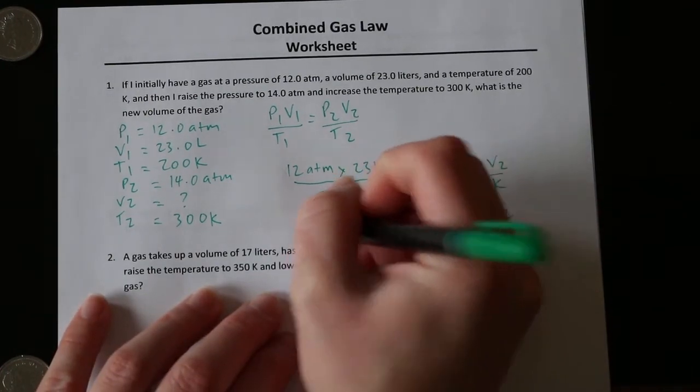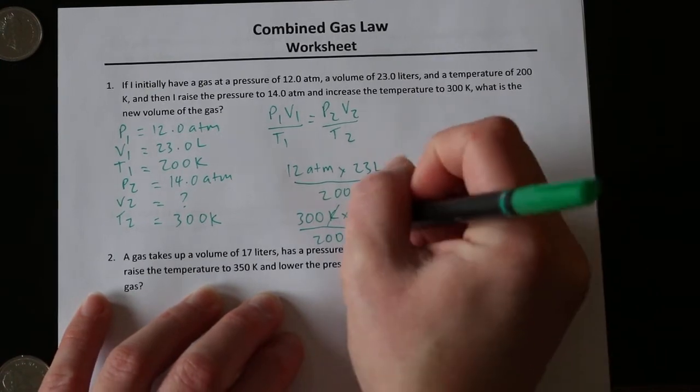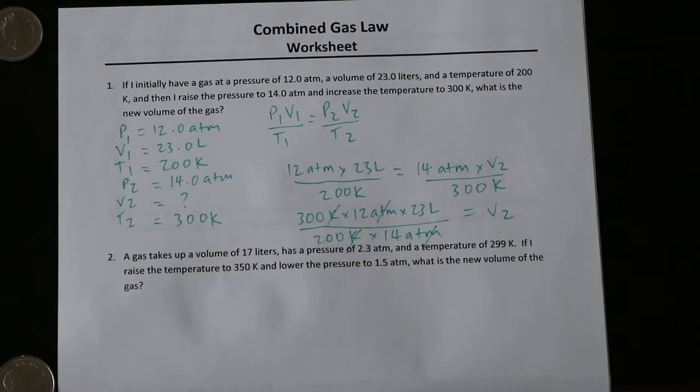Our Kelvin units cancel and our atmosphere units cancel, leaving only liters. So V2 would therefore be 300 multiplied by 12 multiplied by 23, all divided by 200 times 14.